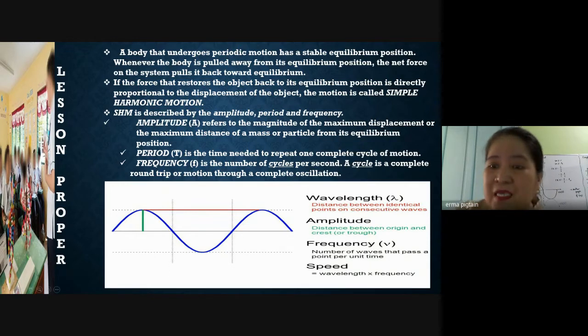So 1 revolution is also pertaining to 1 complete cycle. Okay, kaya diba si planet Earth, every 365 and 1/4 days, nakakakompleto siya ng 1 revolution or 1 complete cycle.